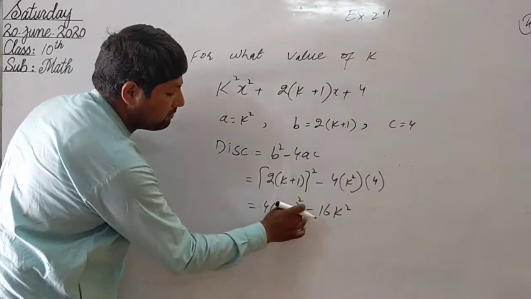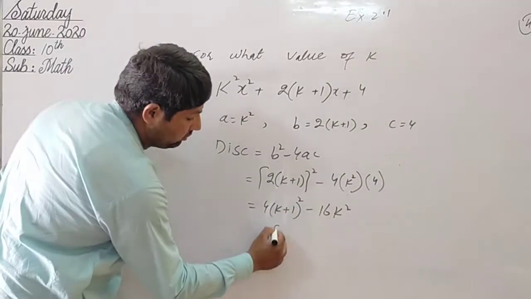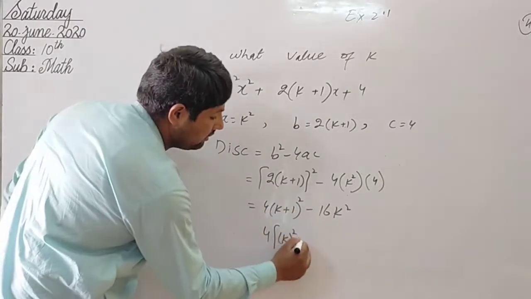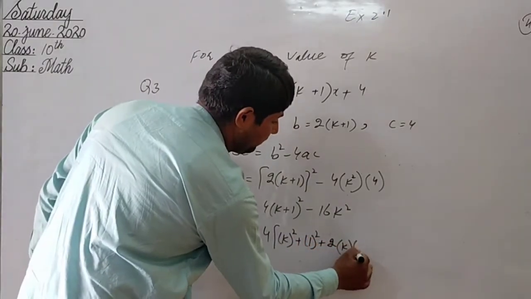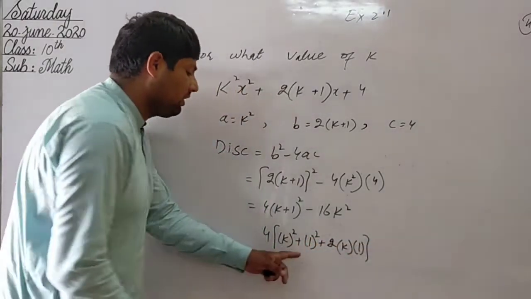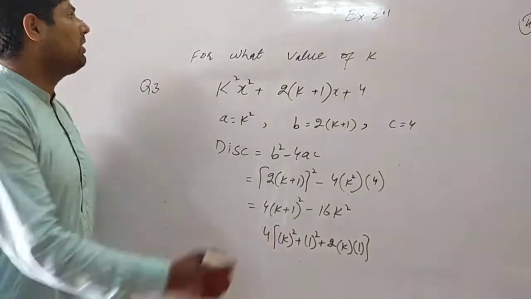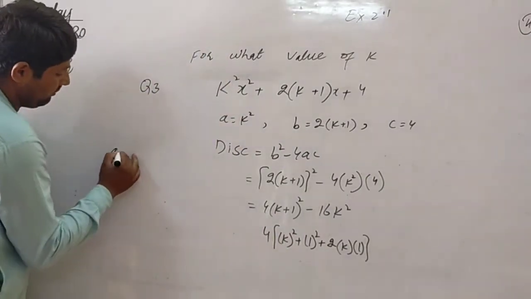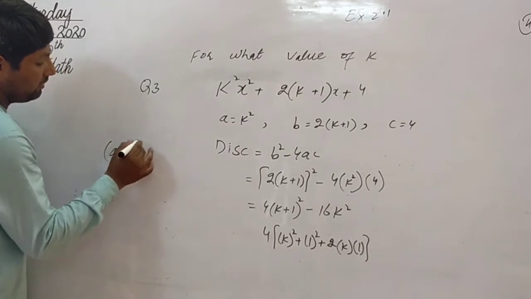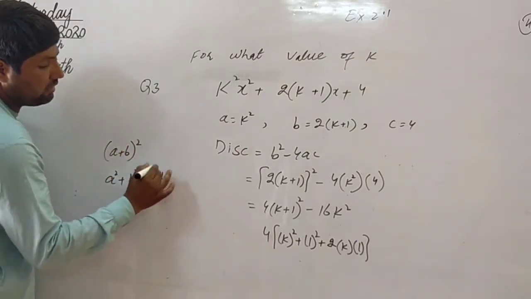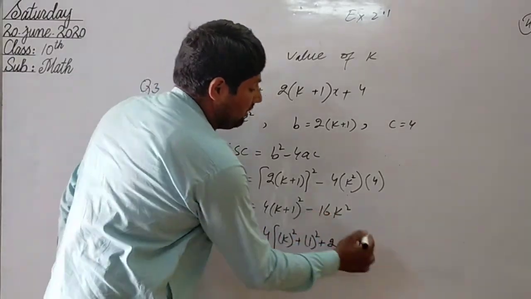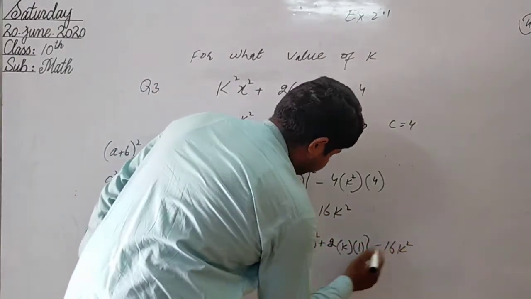Open the formula (a plus b) whole square, which is equal to a square plus b square plus 2ab, minus 16k square.